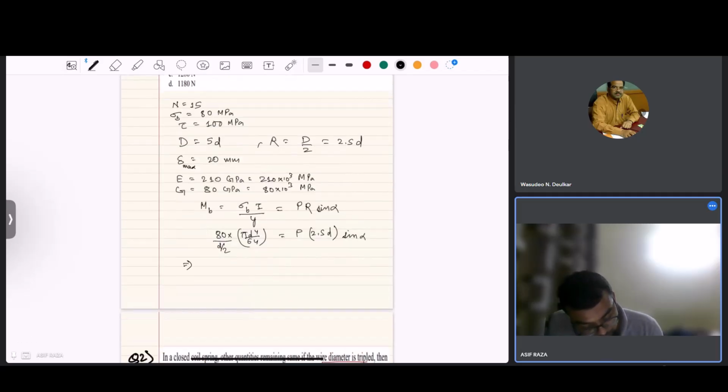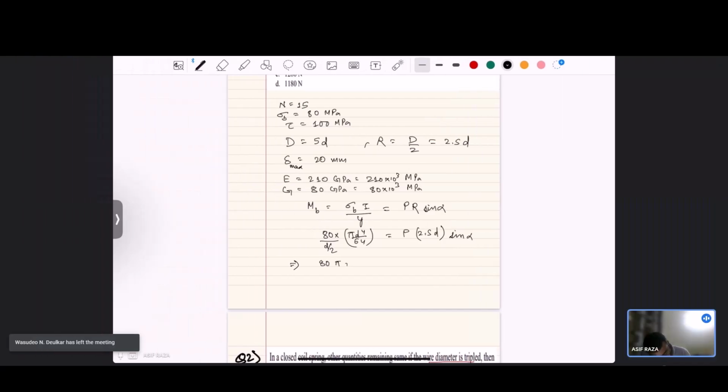Yes, further simplifying, 80 pi d cube by 32 equals 2.5 P d sine alpha.